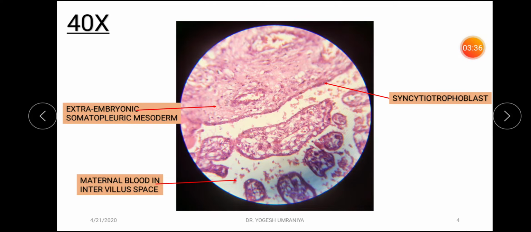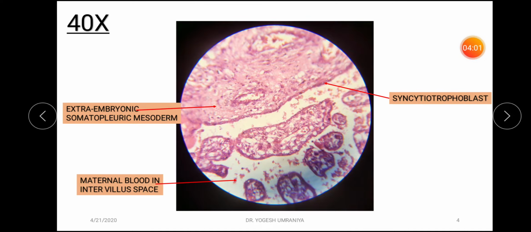Now something regarding the syncytiotrophoblast: you will find clusters of the syncytiotrophoblast at the peripheral aspect of the chorionic villi, that is also termed the syncytial knot. The aggregation of the syncytiotrophoblast is known as the syncytial knot, and that is the characteristic of the mature placenta.